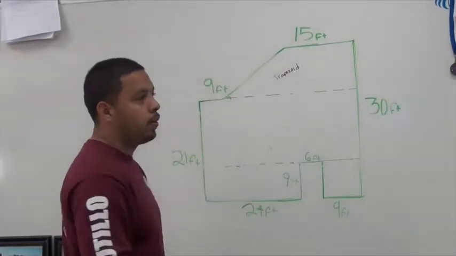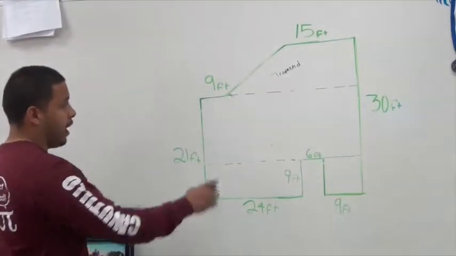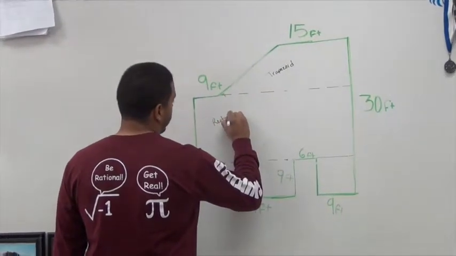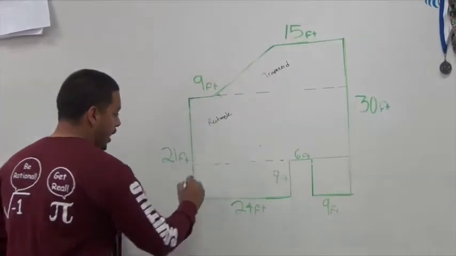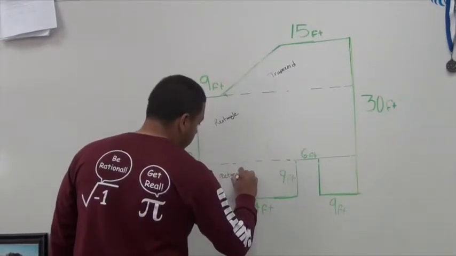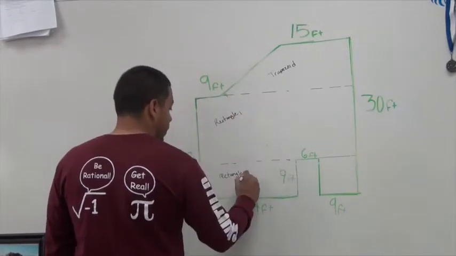Just to the point where you get the idea. So I have a trapezoid, now I have a rectangle. I have another rectangle, so I'm going to call this rectangle 1, rectangle 2.